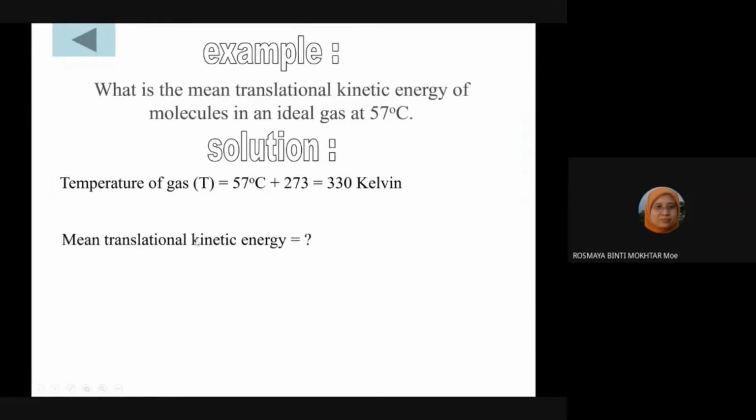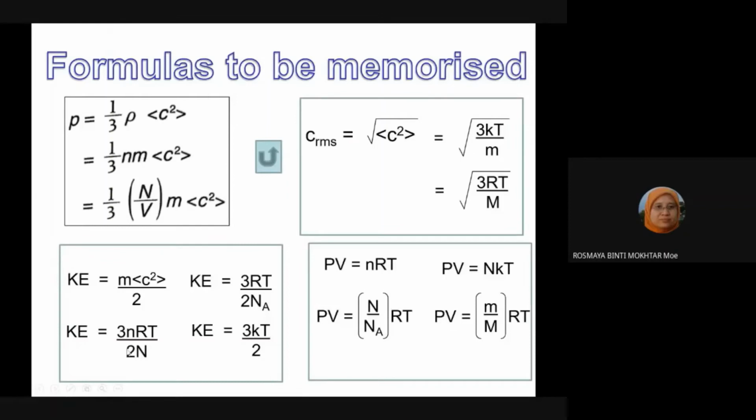To find the mean translational kinetic energy, from the three equations just now, we choose one, the most suitable. Sometimes we can use more than one equation. Let's say we choose 3kT per 2.